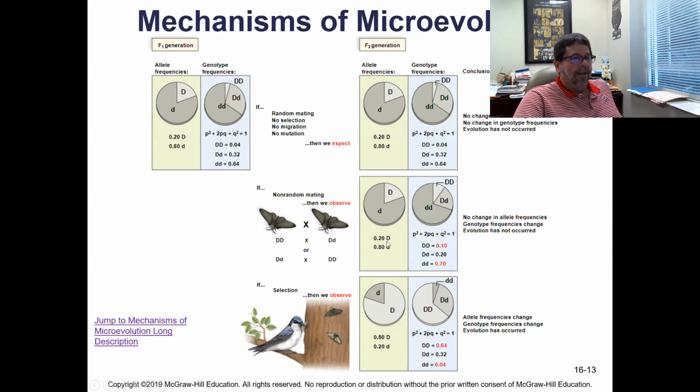We've gone from 20% Ds to 80% Ds, and that is microevolution. So even though we can have changes in the phenotypes and the genotype combinations, it's only when we change the allele frequencies, and that is the definition of evolution. Okay, pretty cool.